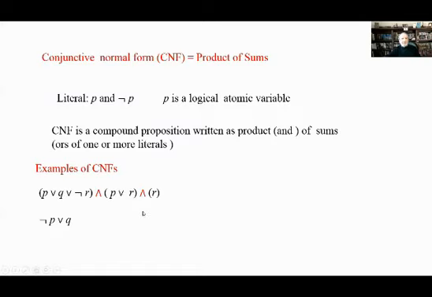Here's an example in CNF: (P or Q or not R) and (P or Q) and (C), and every term here has only ors inside it, or the variable itself. This one is fine, only one of them, that's also fine, is written in CNF.